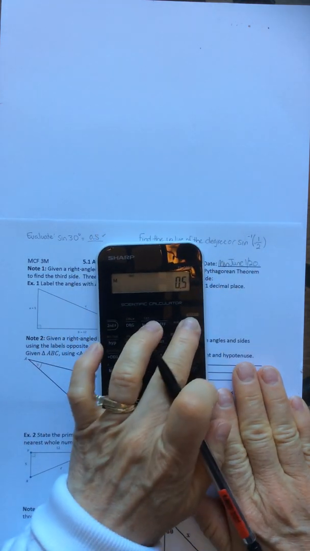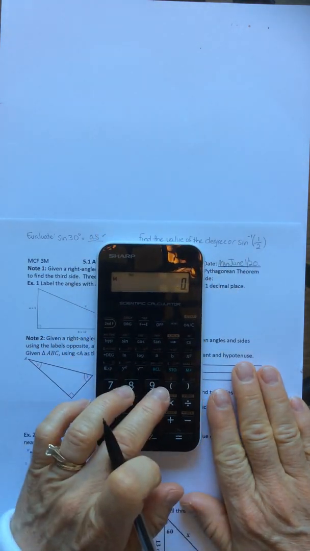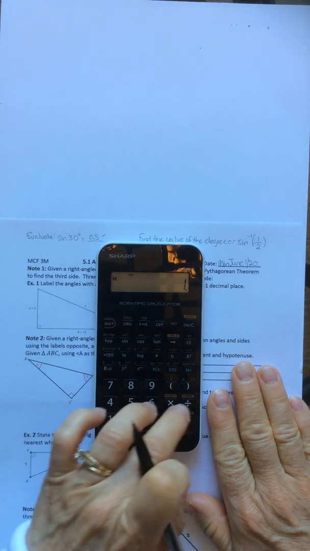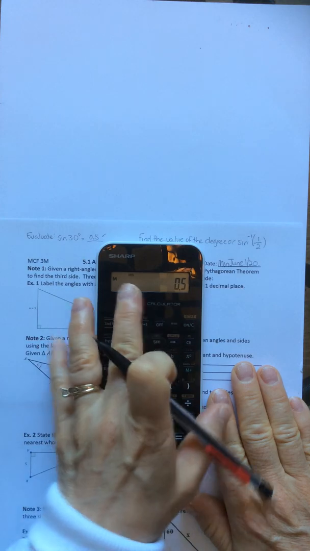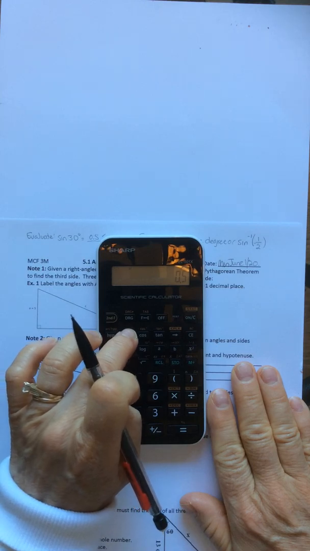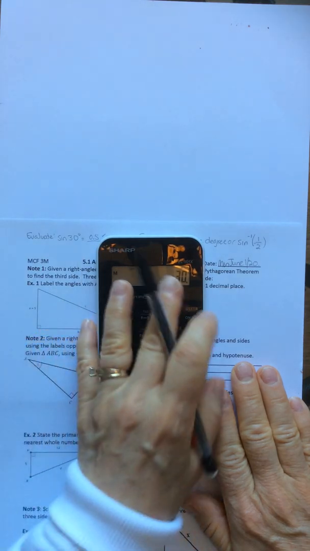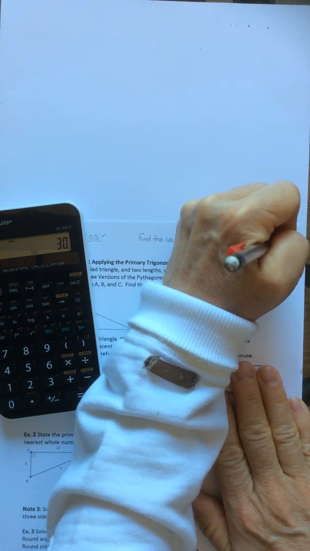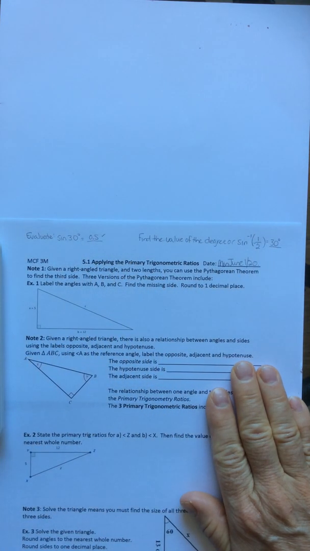Okay, so my calculator requires me to press bracket 1 divided by 2 bracket. It converts it to 0.5. We know that 1/2 is 0.5. And then second sine, which is the inverse, and it finds me 30. Okay, so make sure that you have those values.